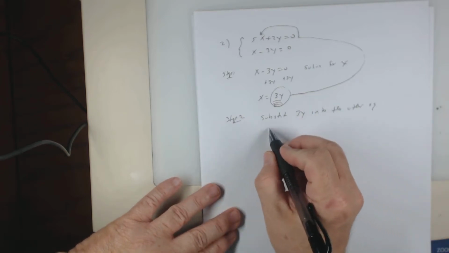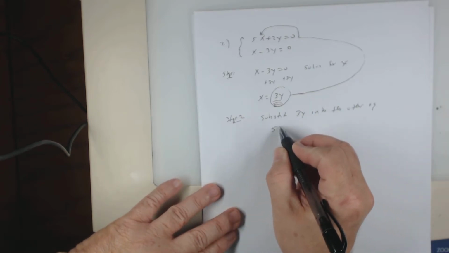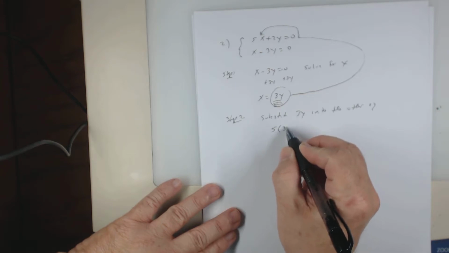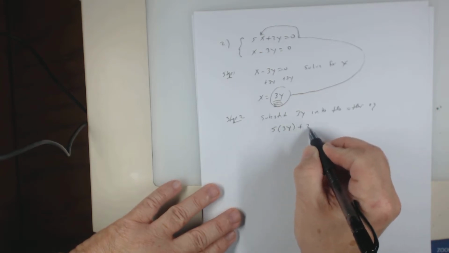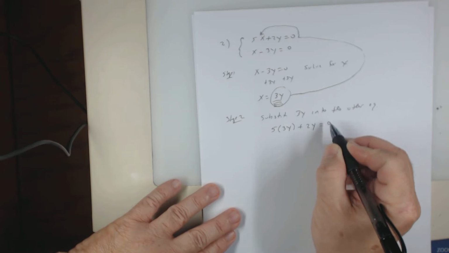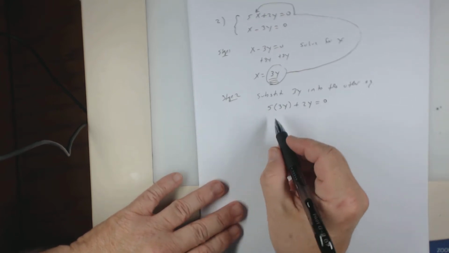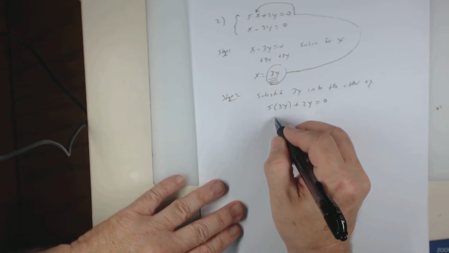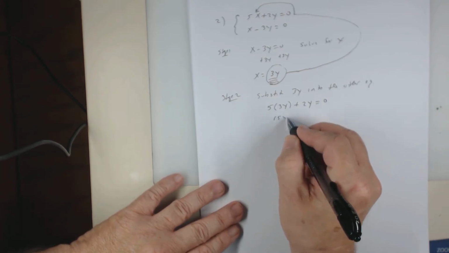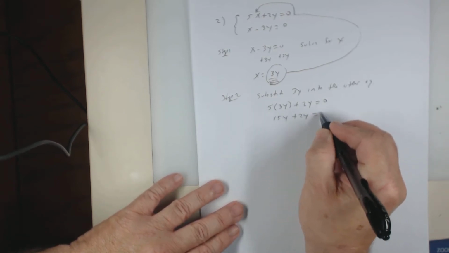All right, so I get this. I get 5 times x, and what's x? 3y, plus 2y equals 0. Okay? So 5 times 3y is 15y plus 2y equals 0.